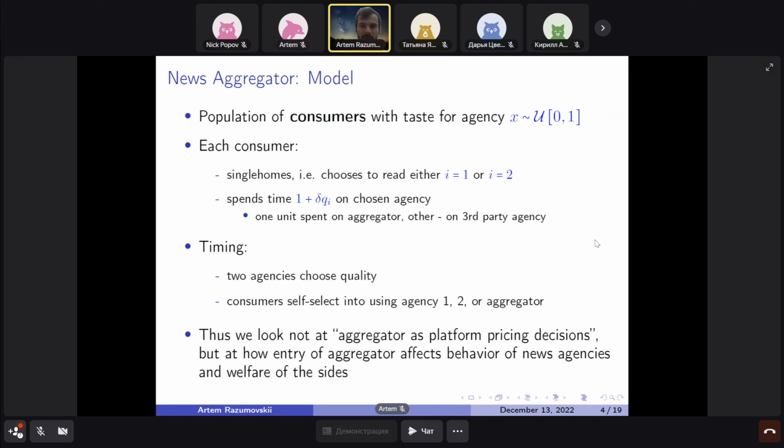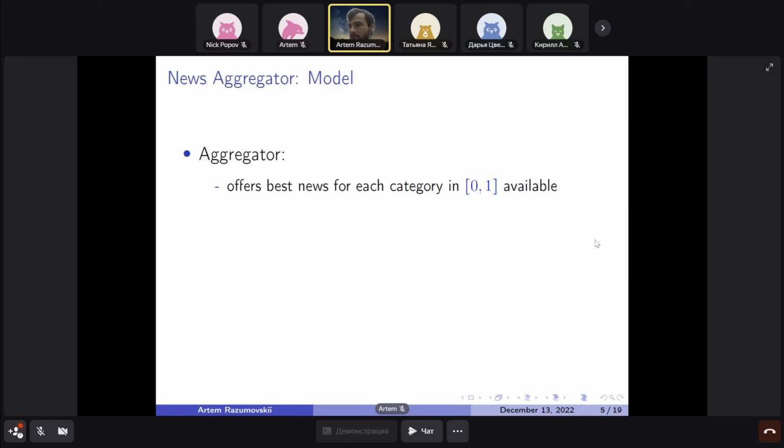So they can choose the quality such that it will be profitable for the aggregator to come to the market, or maybe not profitable, so they can affect the market structure as well. And we will discuss it a bit later.